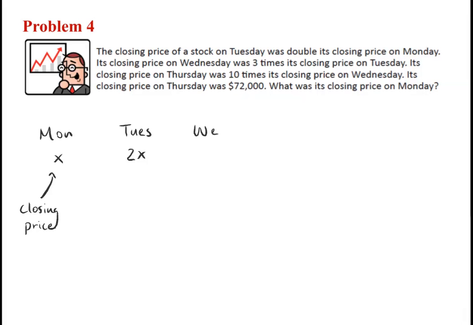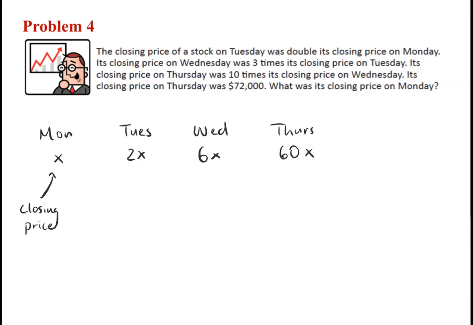And then on Wednesday, it says that the closing price will be 3 times the closing price on Tuesday. So 3 times 2 is 6, and that is 6X. And then on Thursday, Thursday's closing price is 10 times the closing price on Wednesday. So 10 times 6 is 60.